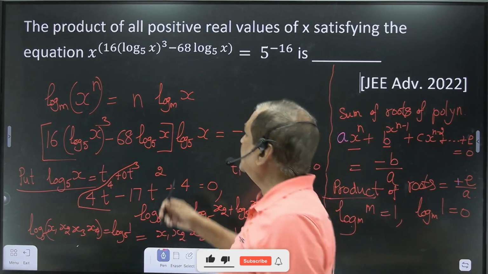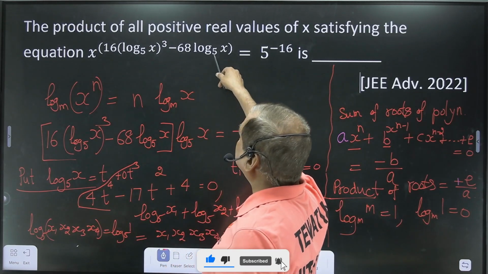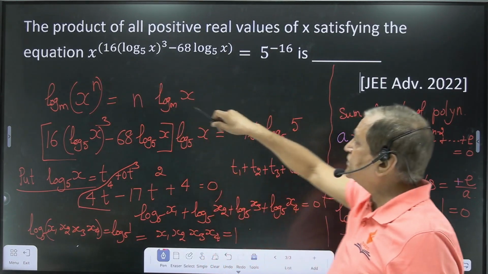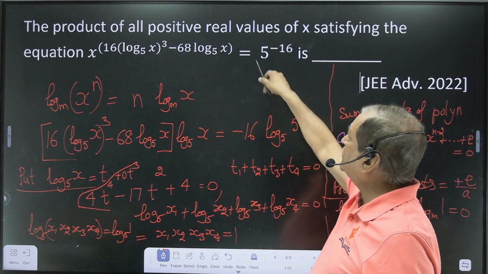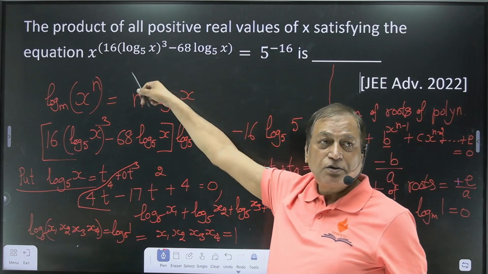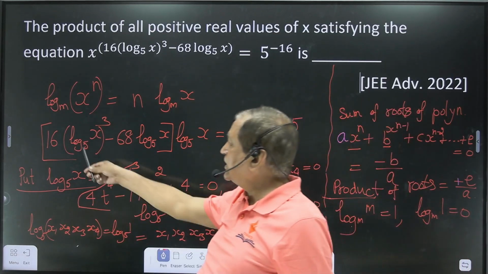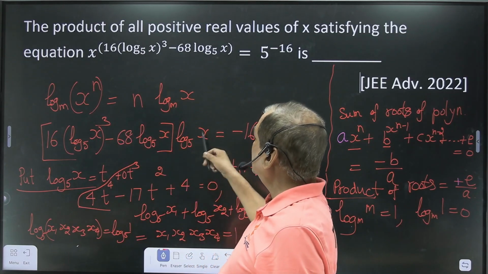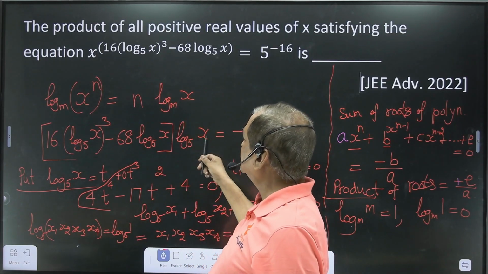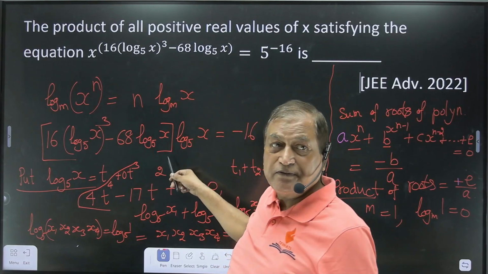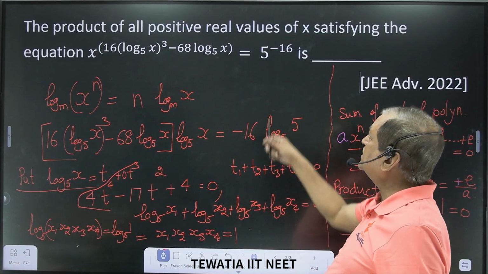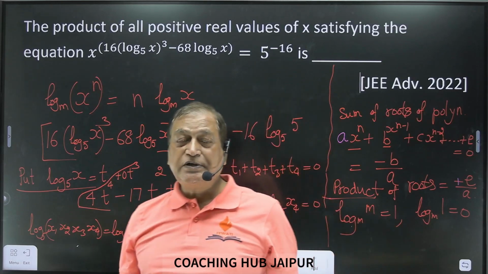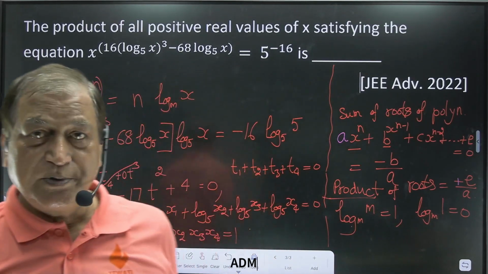Because in the question it is giving log x to the base 5, so we have taken the logarithm of both sides to the base 5. I am stressing this fact again and again: to the base 5.